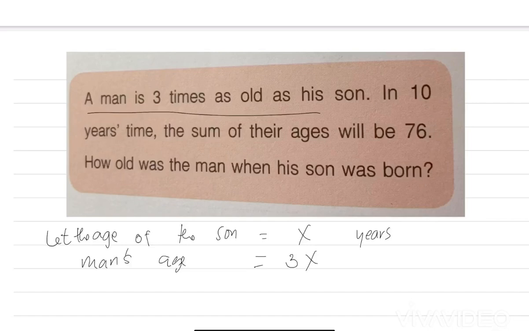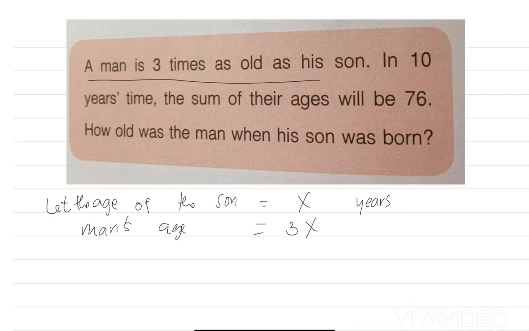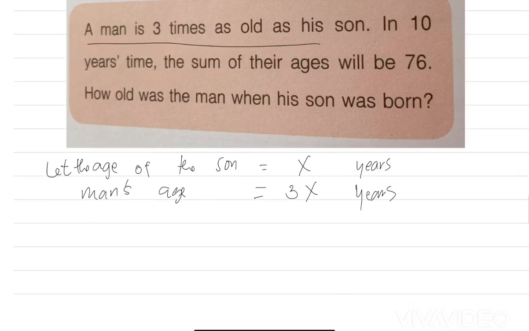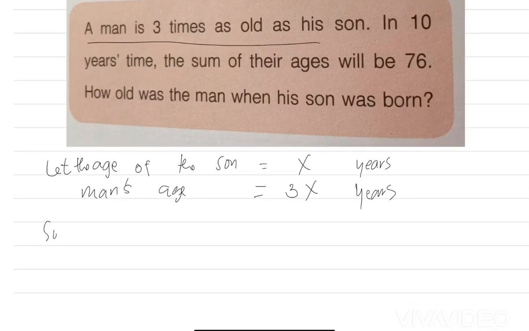Another piece of information from the problem is that in 10 years' time, meaning after 10 years, we will be adding 10 years to both of them. So the son will become x plus 10, while the man, who is his father, will become 3x plus 10.